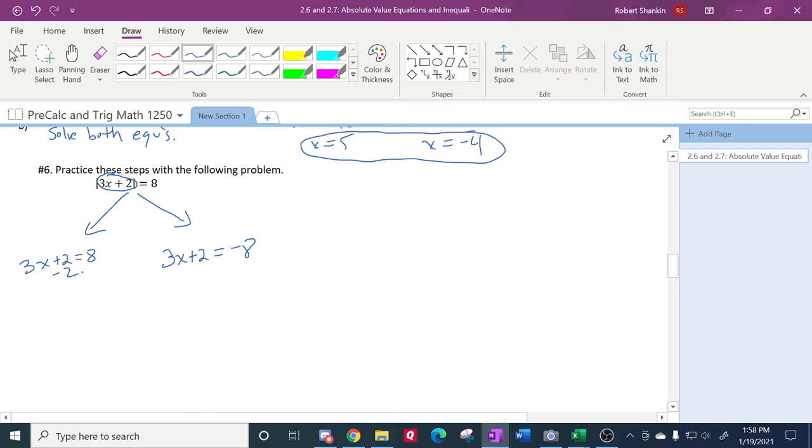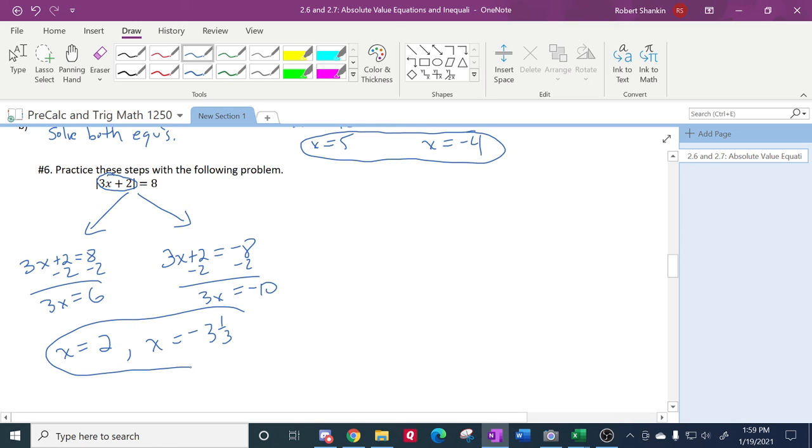And then I'm going to solve each equation. Those are my two answers to solve an absolute value equation.